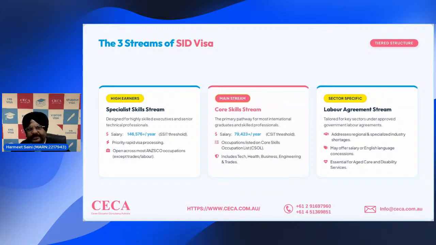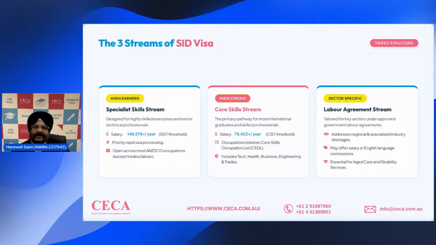In the second stream, called the specialist skill stream, most of the ANZSCO occupations are included, but the most common occupations sponsored under this stream are senior managers and senior technical professionals who are getting a salary of more than 146,000. The actual figure is 146,576, which the employer has to promise when they sponsor someone under this category.